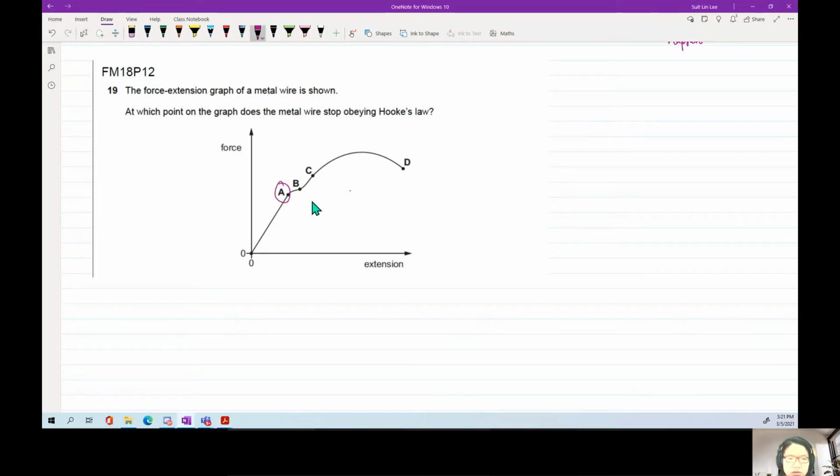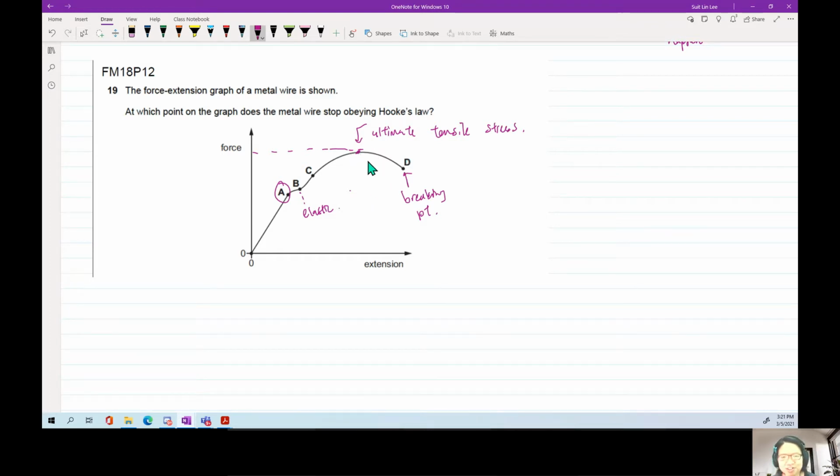So you see, where does it stop becoming a straight line? A. So this one is probably the elastic limit. This one is probably called the breaking point. This is where it breaks. And then on top here, the highest point, we call this the ultimate tensile stress. So it's the largest amount of force you can apply before everything is gone.